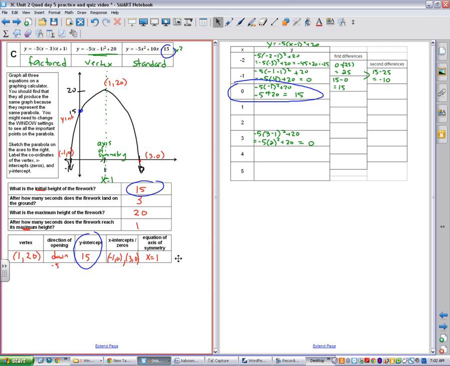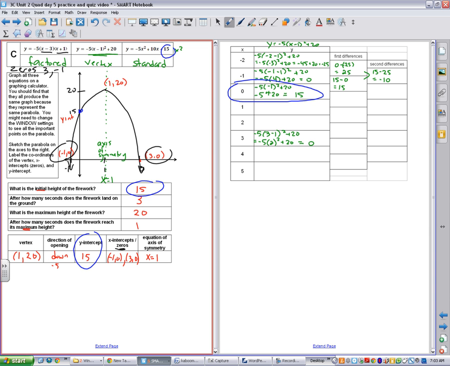What else can I notice? Well, I noticed that in factored form, I have the brackets x minus 3 and x plus 1. So that means my zeros are going to be the opposites of the values in the brackets. So the zeros are going to be 3 and negative 1, and I can check that on my graph, and indeed 3 and negative 1, or negative 1 comma 0, 3 comma 0 are my zeros.